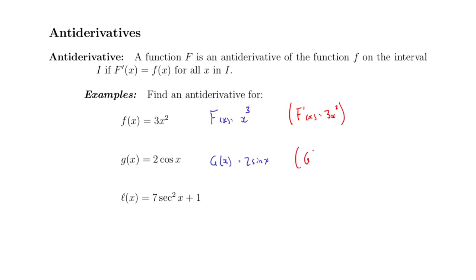And that's because the derivative of that would be 2 cosine x. And then lastly, we could say capital L of x is probably 7 tangent of x plus x. Because capital L prime is just going to be 7 secant squared x plus, not plus x, plus 1.